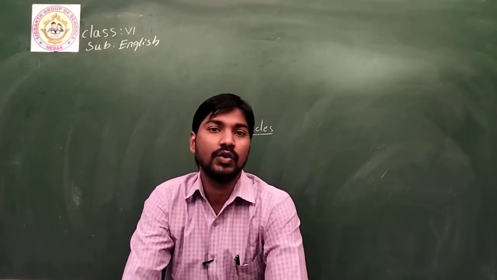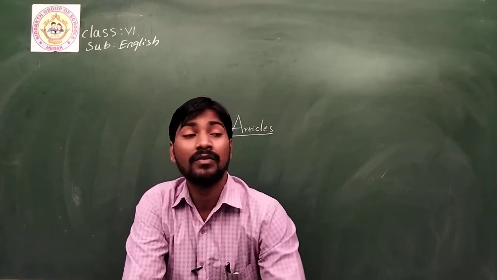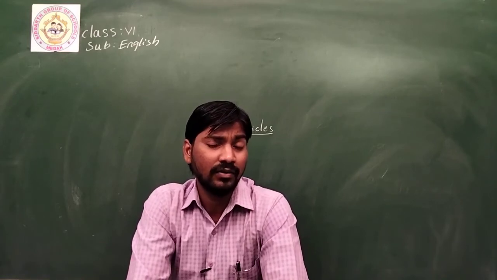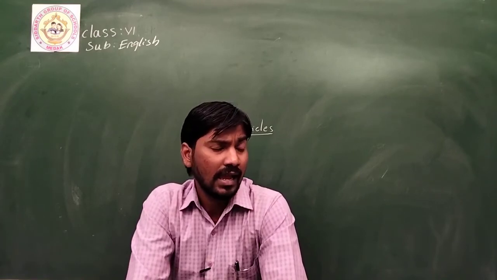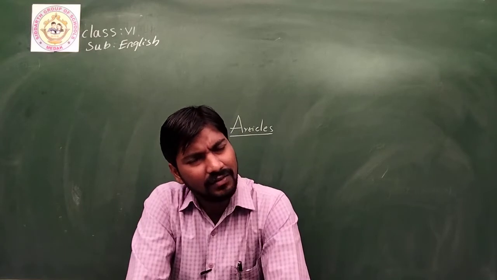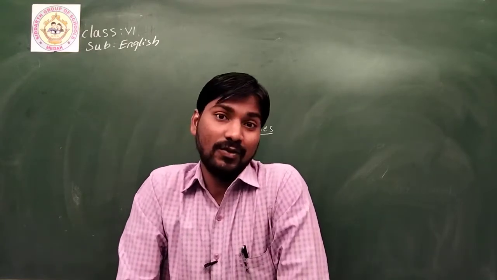For your notes, for your convenience, I am giving you these. So where we have to use these articles: before a vowel letter, a; before a consonant letter, an and the. Where we have to use them, we have to know.